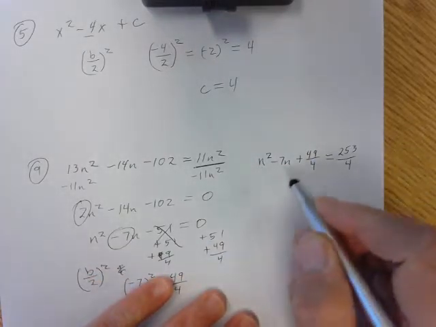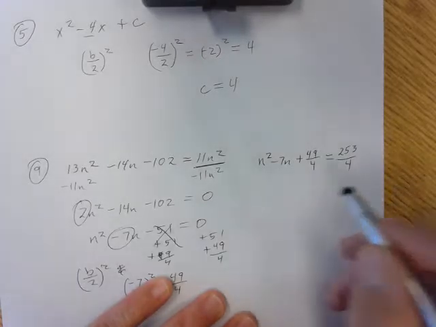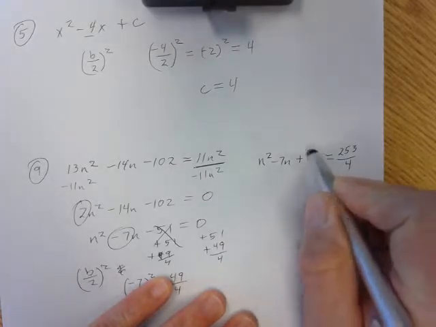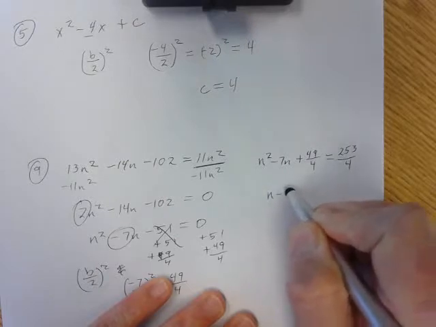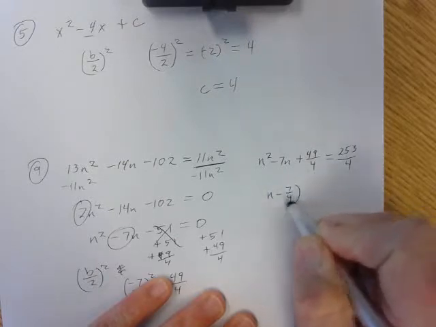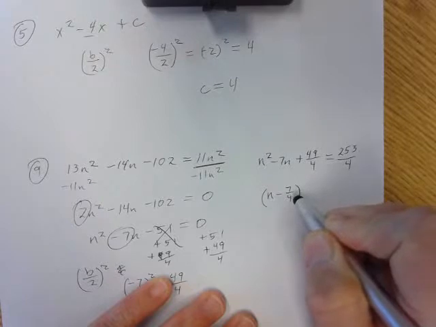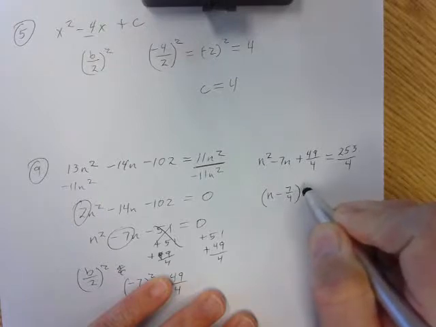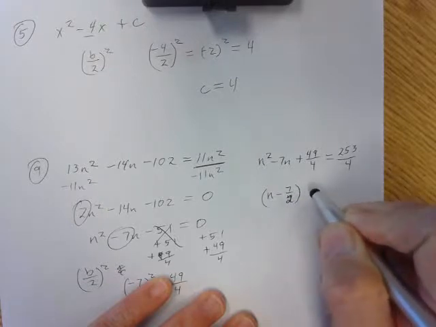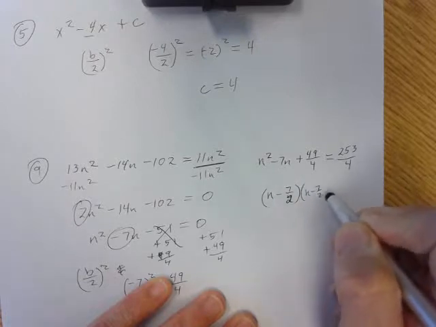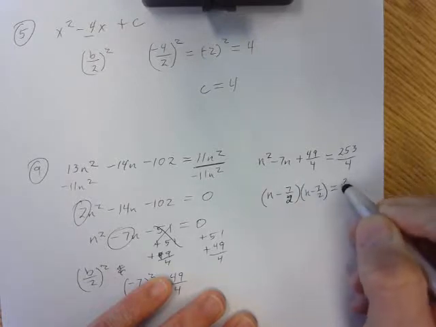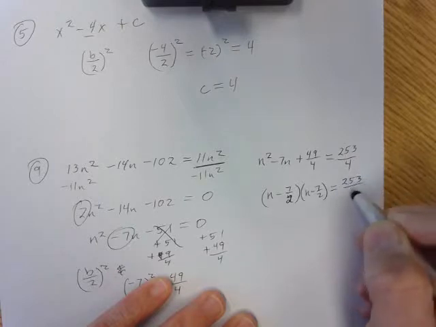Okay, so now we have a perfect square. So this becomes n minus 7/2 times n minus 7/2, and that's the whole point of doing that, is equal to 253/4.